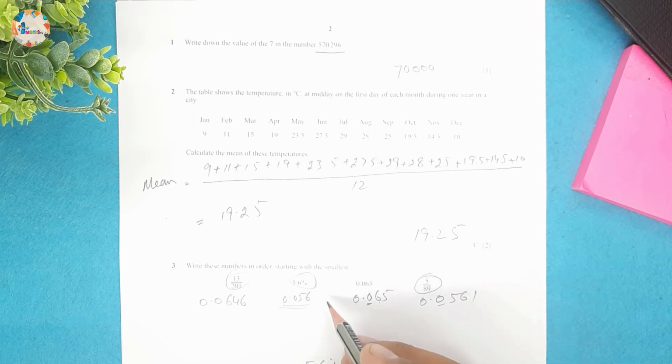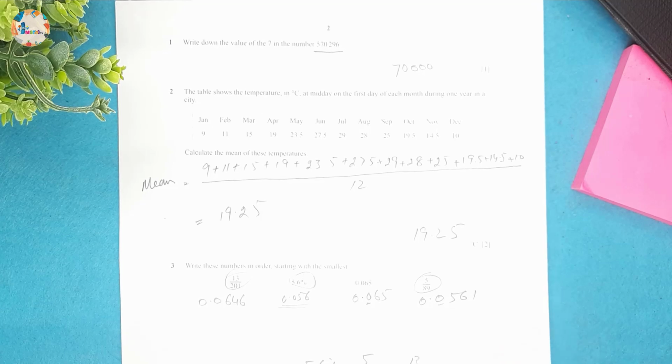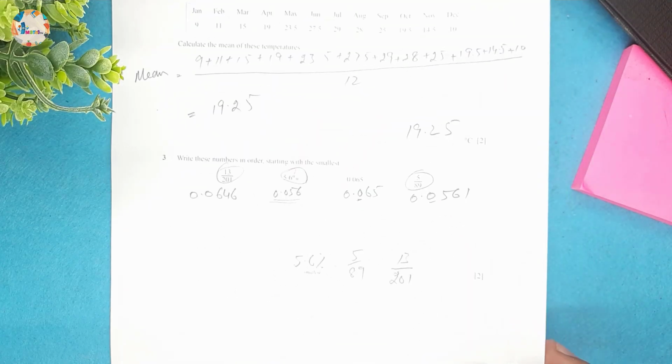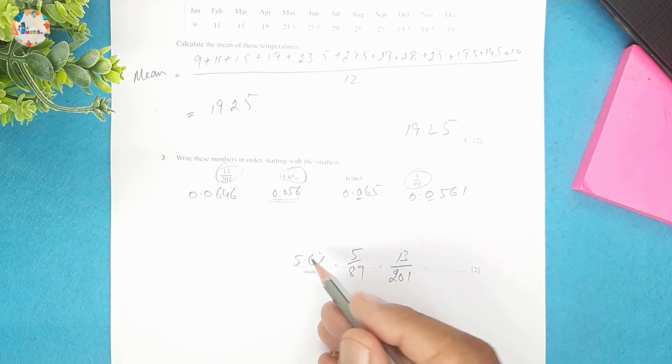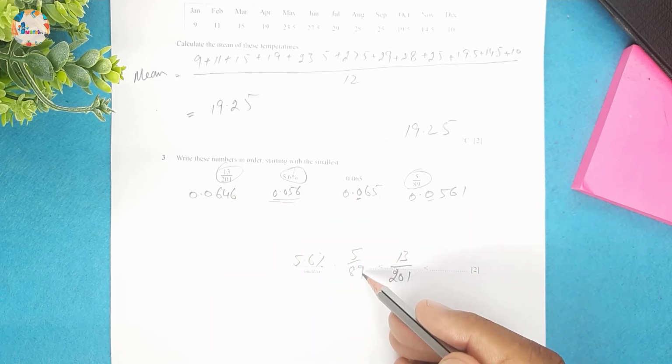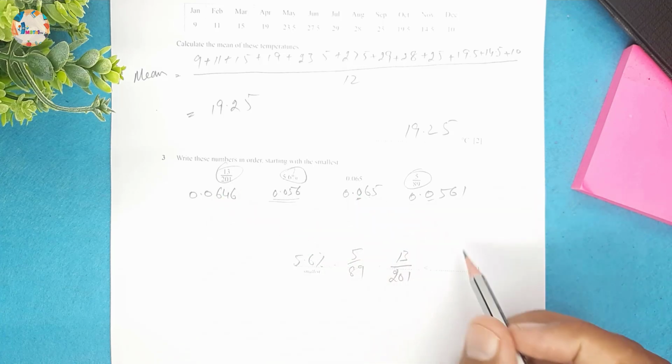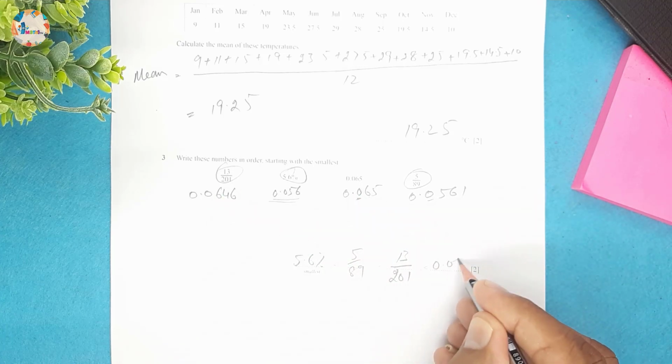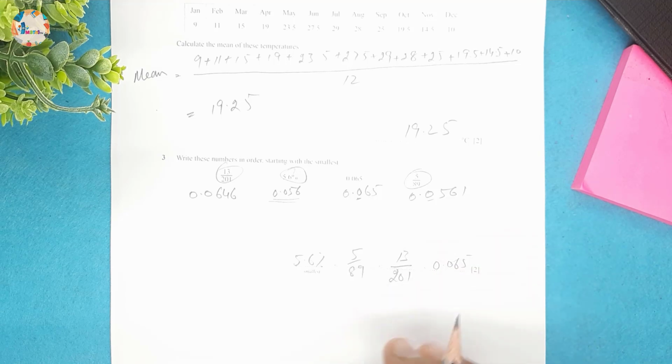We are writing in ascending order: this is the smallest one, the next one is this one, then this, and the biggest one is 0.065.